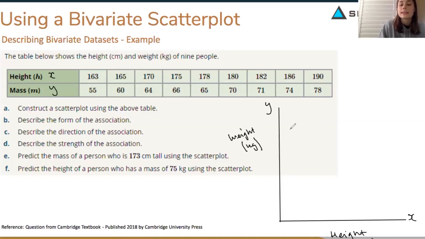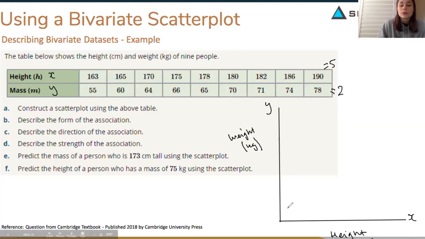So I need to get a scale. I am going to go up by 5s. So my scale here is going to be 5, and my scale here is going to be, let's try, we might have to change it.